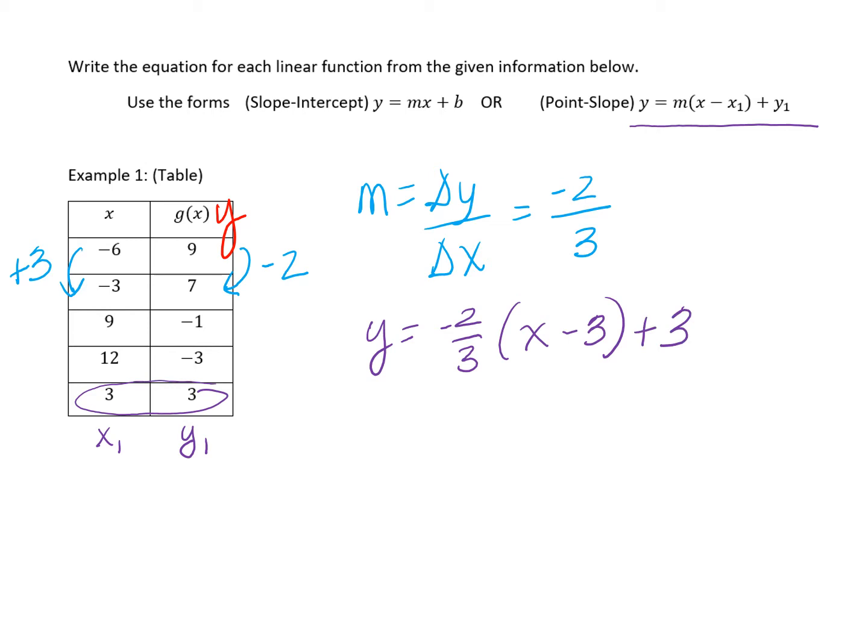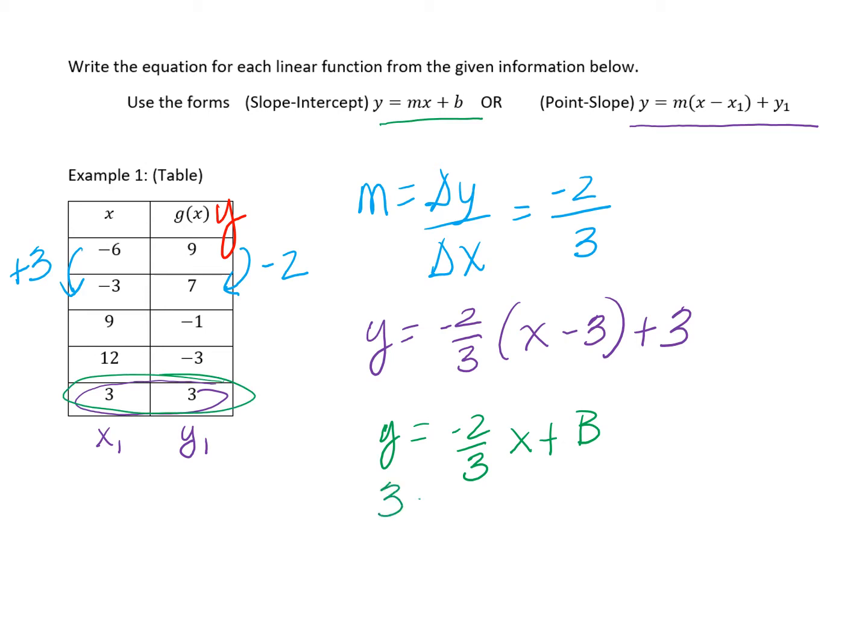If you wanted to write it in slope-intercept form, I'll do this one in green. Again, that is y equals mx plus b. We already know that the slope is negative 2/3. I'm going to use a capital B because my B's sometimes look like 6s. And then I'm going to use the same point that we did before.